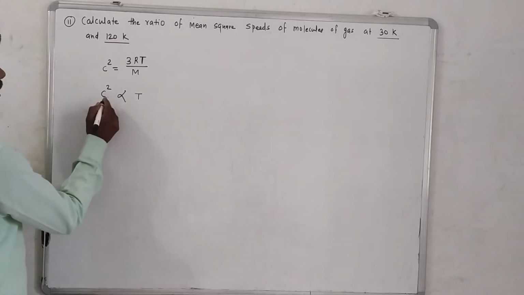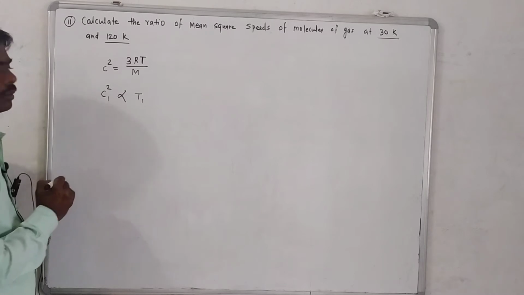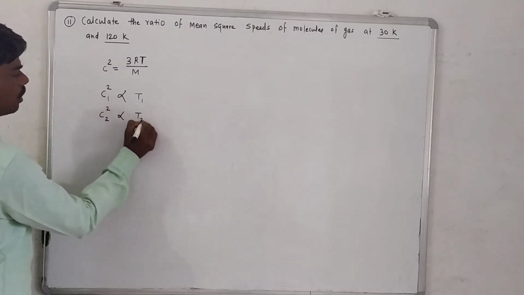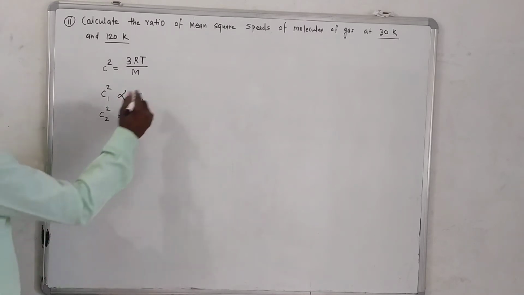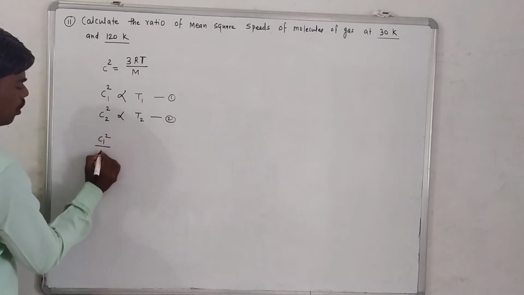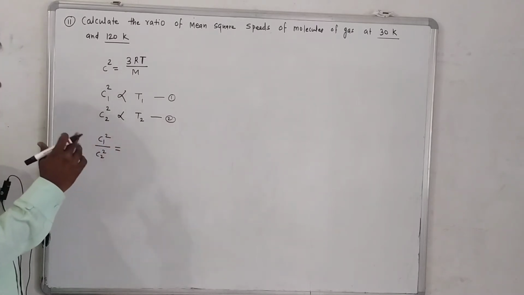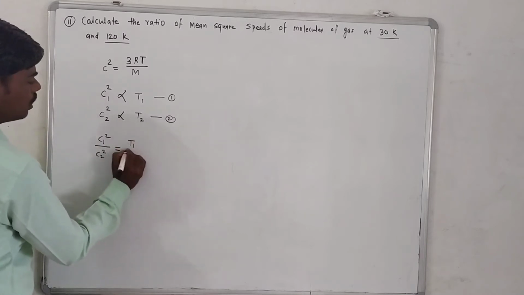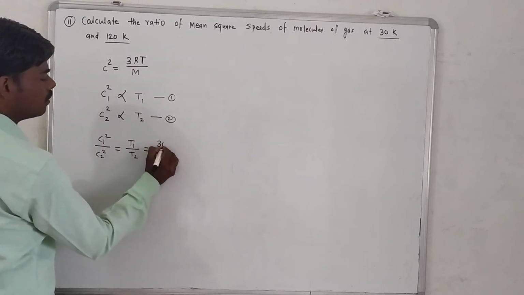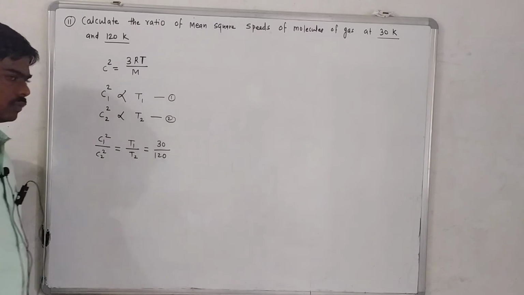For the first case, equation 1. Then for the second case, C2 square is directly proportional to T. Taking ratio, C1 square upon C2 square is the required result, which we have to find out. C1 square upon C2 square is equal to T1 upon T2, that is 30 divided by 120.